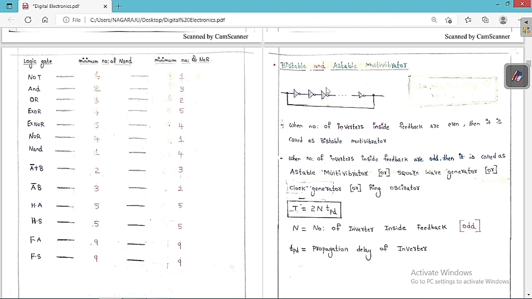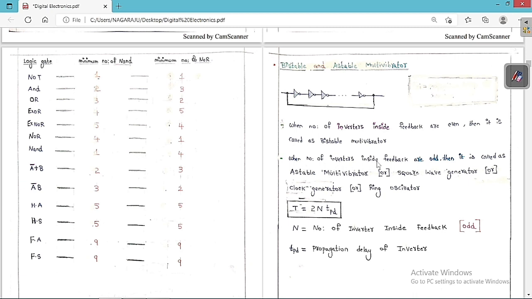You can call them inverters or NOT gates. So if an even number of inverters or NOT gates is present in the feedback, then we call this the bistable multivibrator.